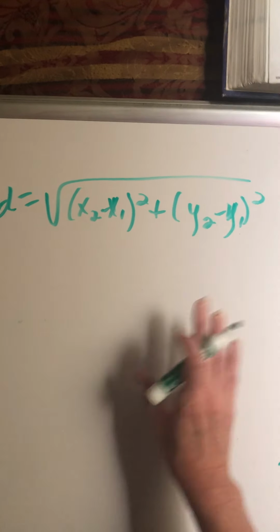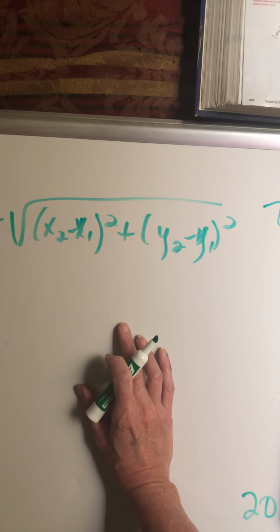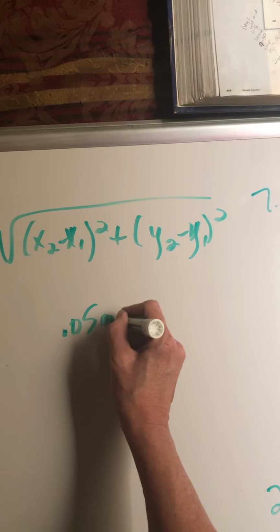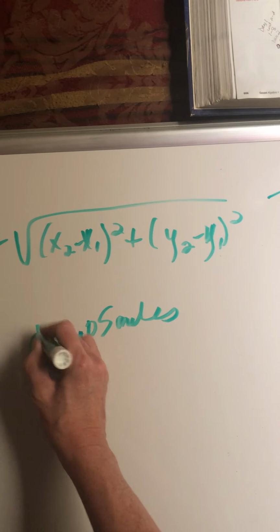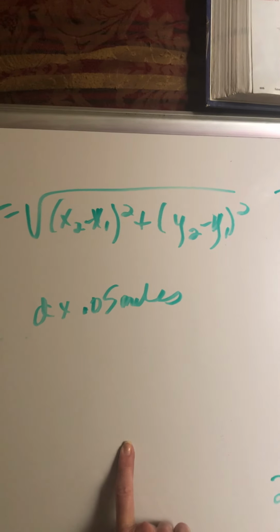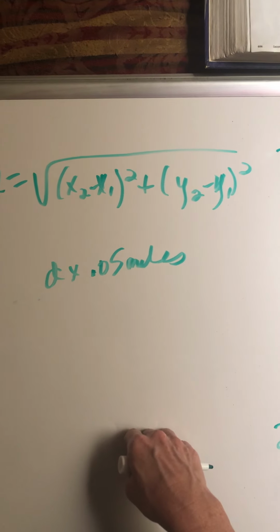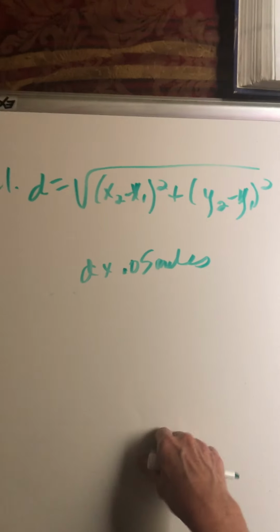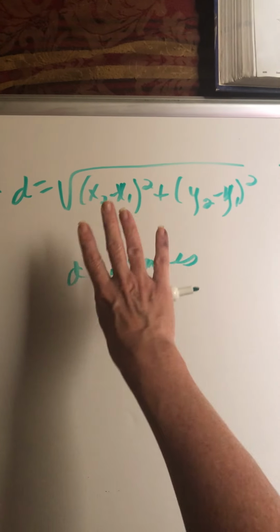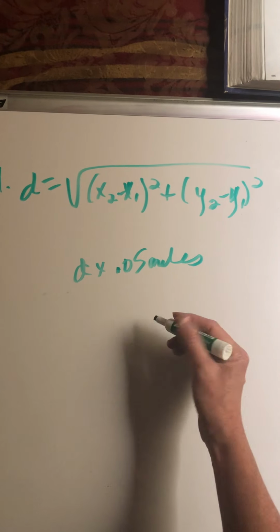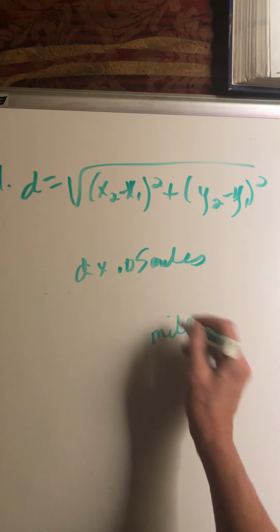So you're going to plug in the 2 points they give you into the distance formula, and then it says each grid represents 0.05 miles. So once you get the distance, multiply by 0.05. If you need to, find it as a decimal, then multiply by 0.05, write your answers, and make sure you label it with miles, okay?